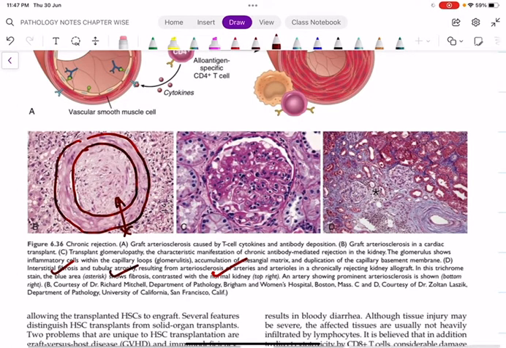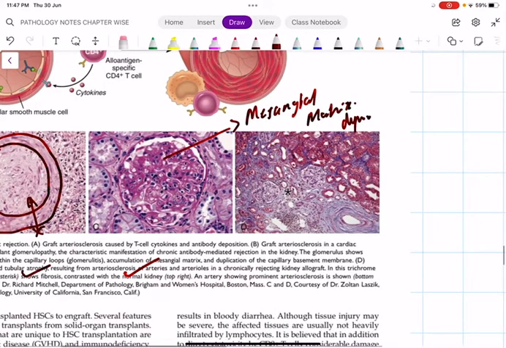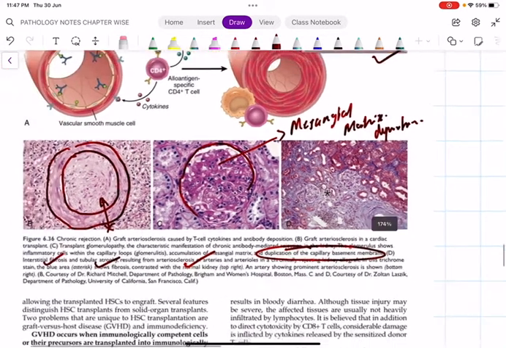Then here you can see mesangial matrix deposition. And you can carefully observe in this picture there is duplication of the capillary basement membrane. All these are characteristic features.